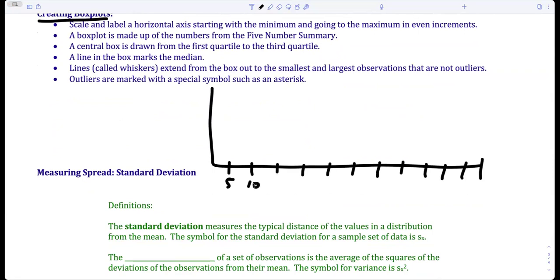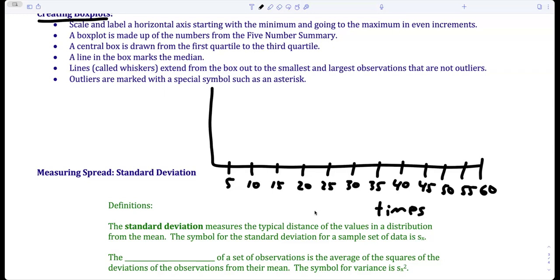Label 5, 10, 20, 30, 35, 40. And this is commute times in minutes. Label your graphs, and scale them.